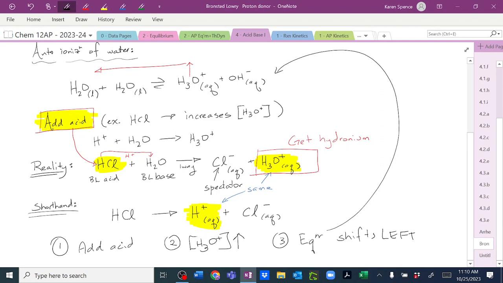I would like you to predict how the final concentration of hydronium and the final concentration of hydroxide compare to the original hydronium and hydroxide concentrations in pure water.